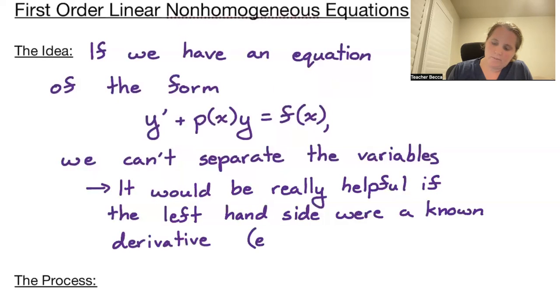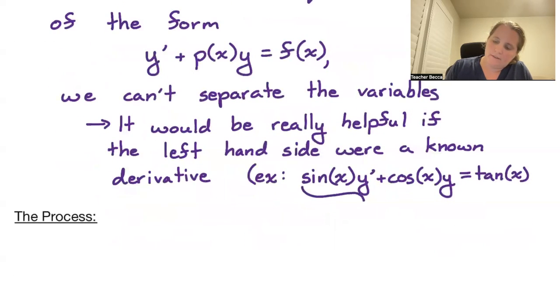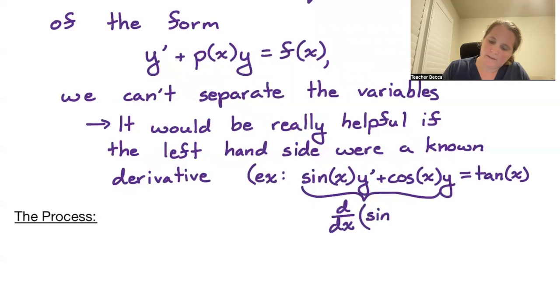So for example, if we had sine of x times y prime plus cosine of x times y is equal to tangent of x. Sine of x y prime plus cosine x y, that is just the derivative of sine of x times y. Right?